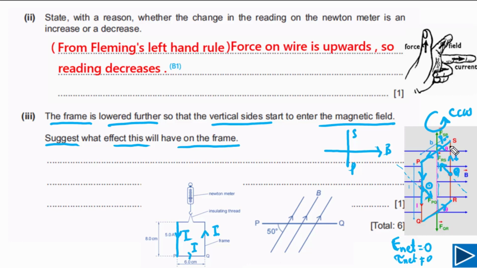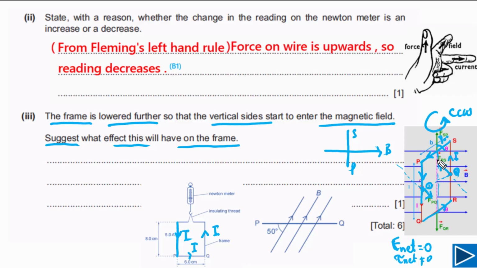Finally, when the angle between PS and the magnetic field is 90 degrees, there will be no net torque, because the force here is up, here the force will be down, and these two forces will be into the page and out of the page. But the line of action of the forces, when this angle is 90 degrees, will also be along the same line. So at that time the net torque will also be 0.